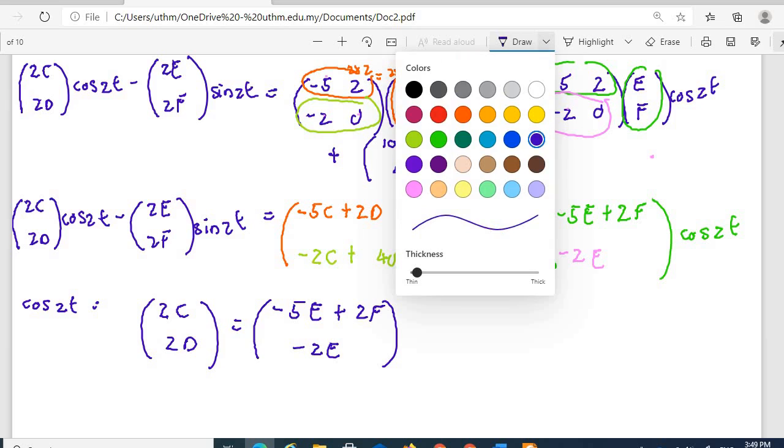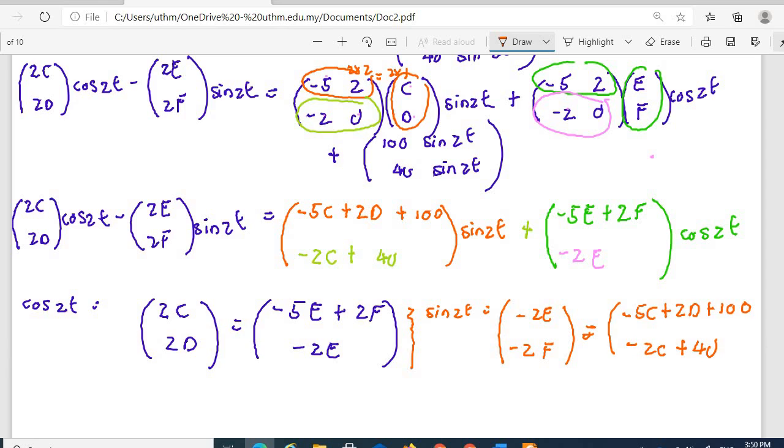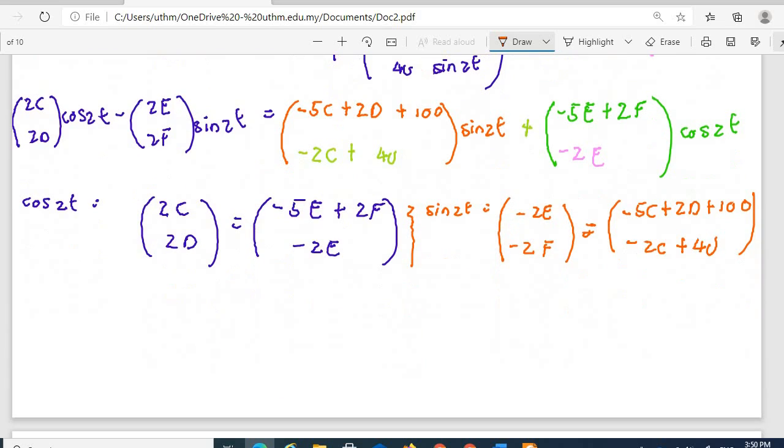Then if I compare the sin 2t terms, on the left side I have negative 2e, negative 2f. The right hand side equals negative 5c plus 2d plus 100, and minus 2c plus 40. So you have 1, 2, 3, 4, a total of 4 equations. So you can solve these 4 equations simultaneously, and you'll get C, D, E, F.